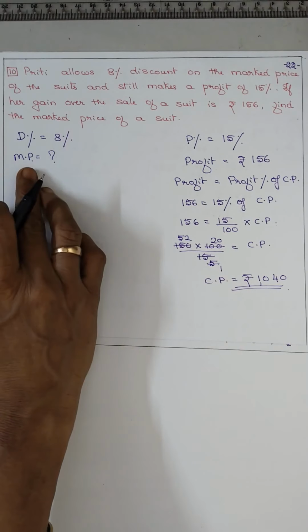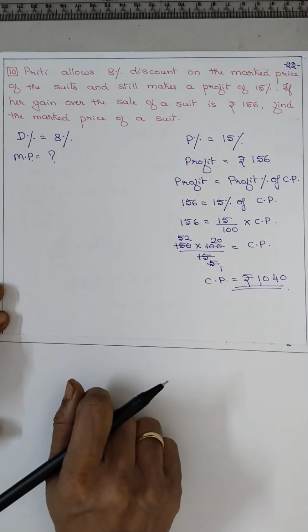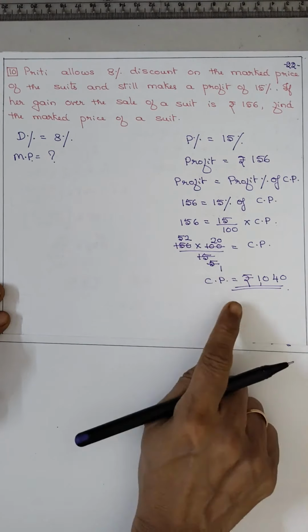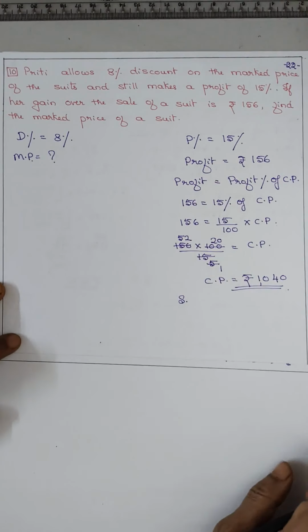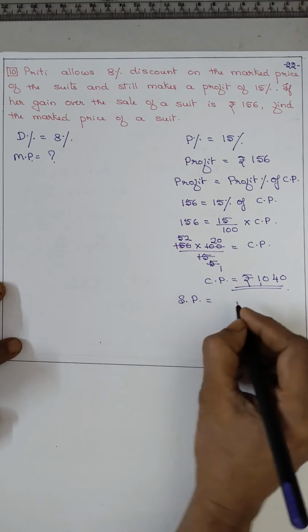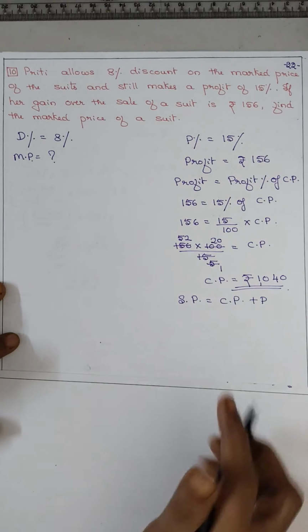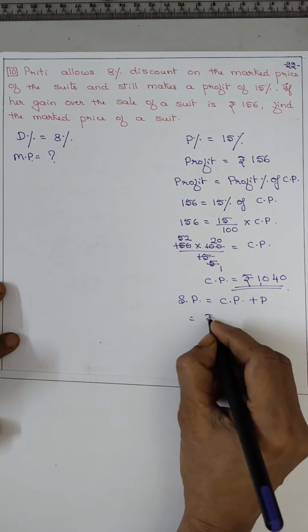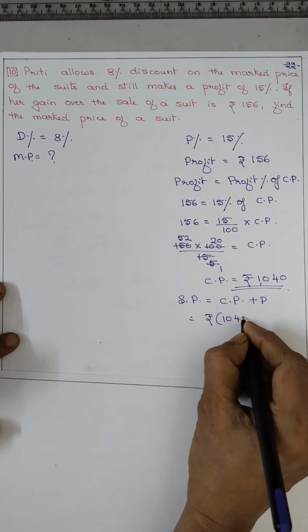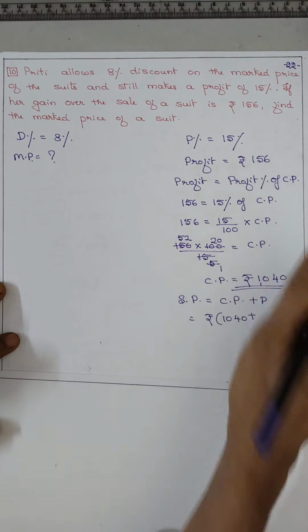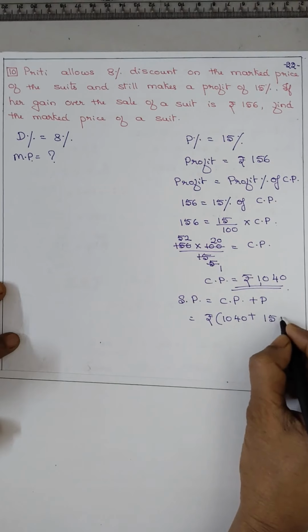Now to find out MP, we want SP. Can you find out SP from here? Yes. What is the formula? Profit is there. SP is equal to CP plus profit. That is 1040 plus profit is 156.